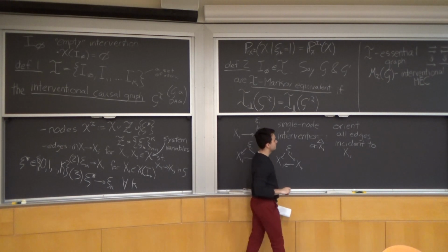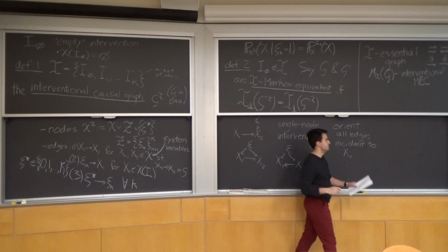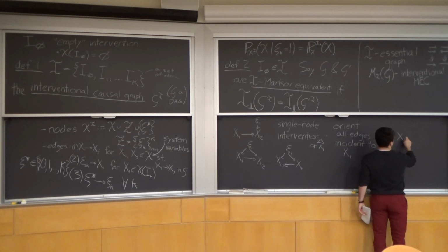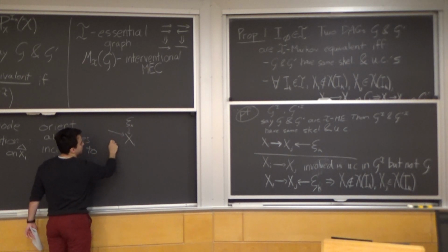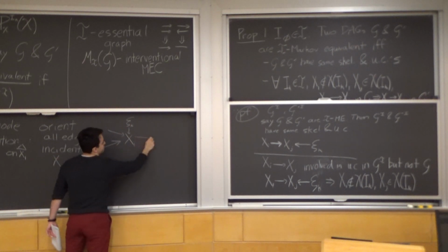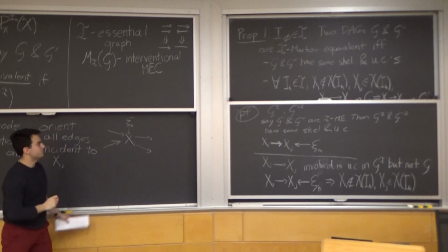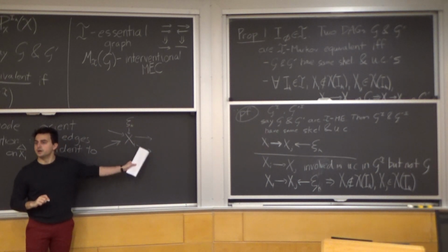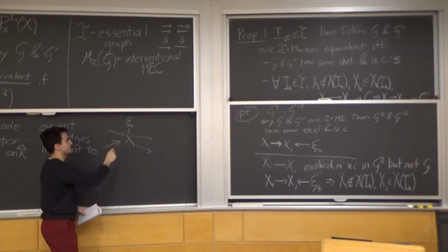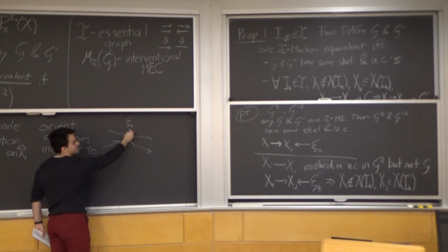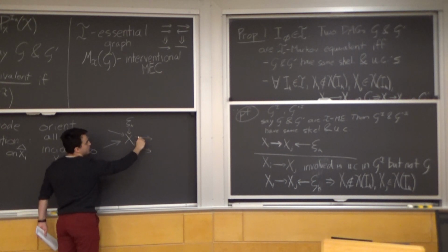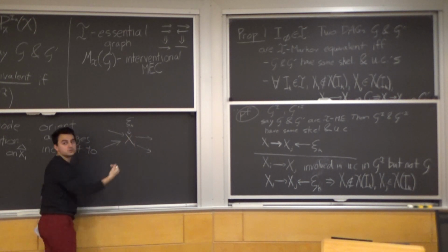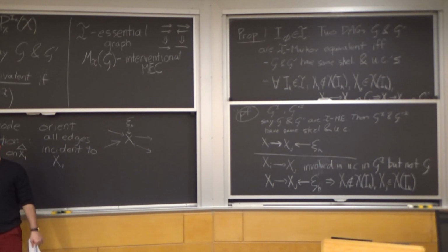With its parents, it's forming a new unshielded collider. And with its children, you can think of those as being oriented by the Meek rules. Because we have this variable pointing here, and if this edge was in the opposite direction, then it would form a new unshielded collider.